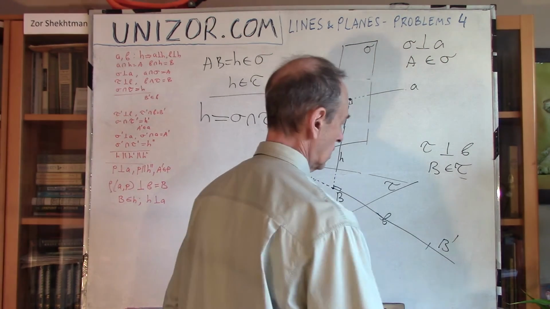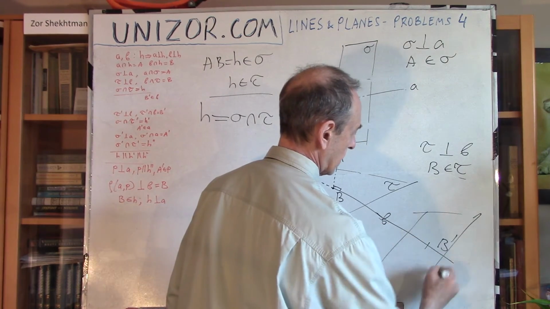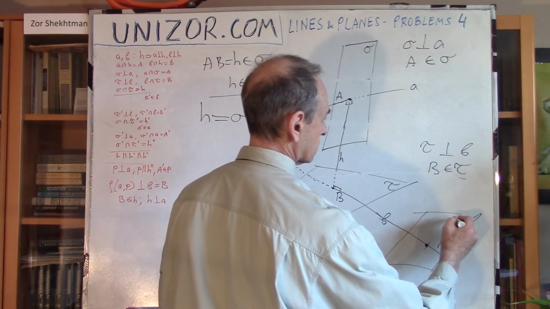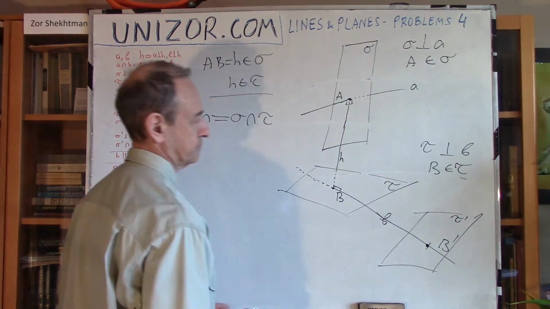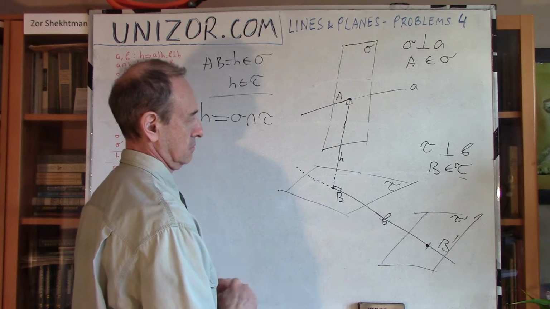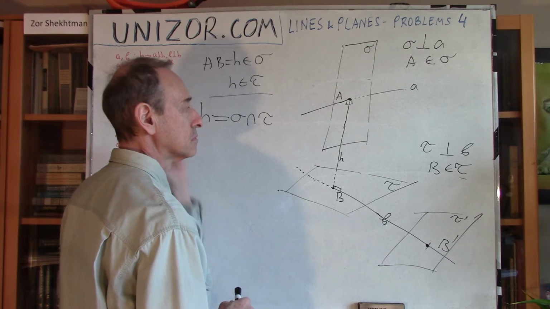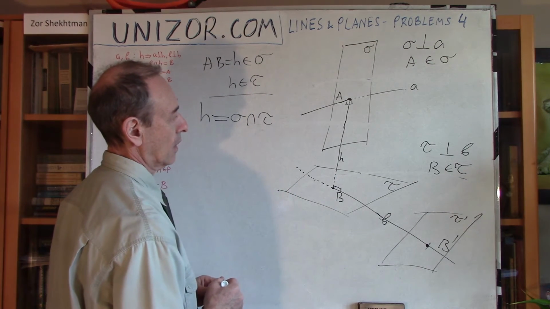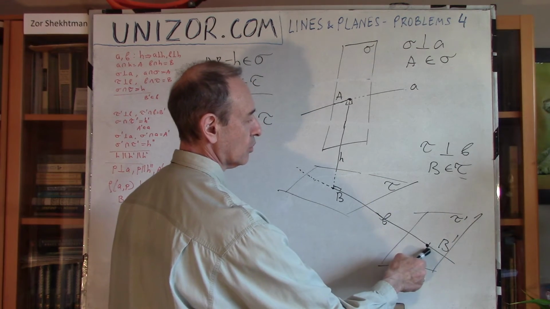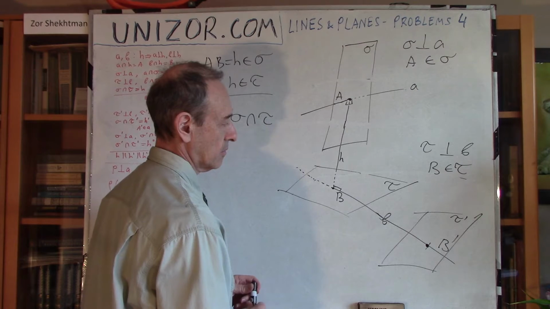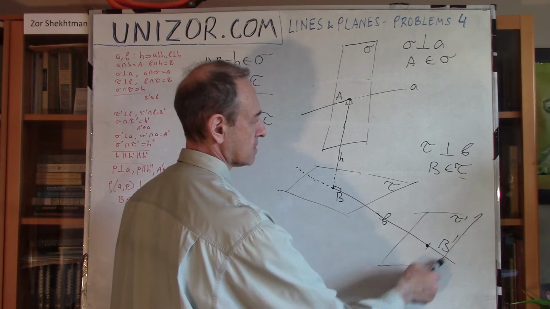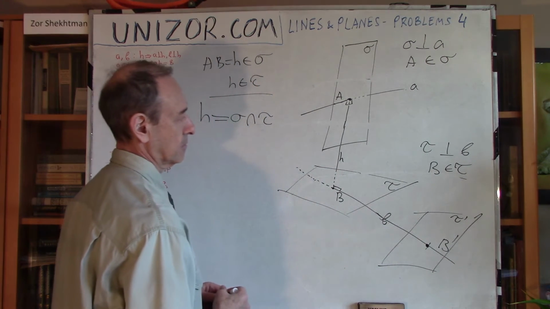And also have a perpendicular plane at this particular point and call it tau prime. Obviously, all the lines which are perpendicular to B prime are lying in this particular plane.